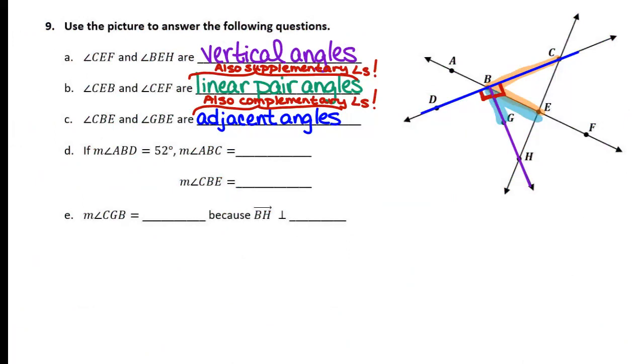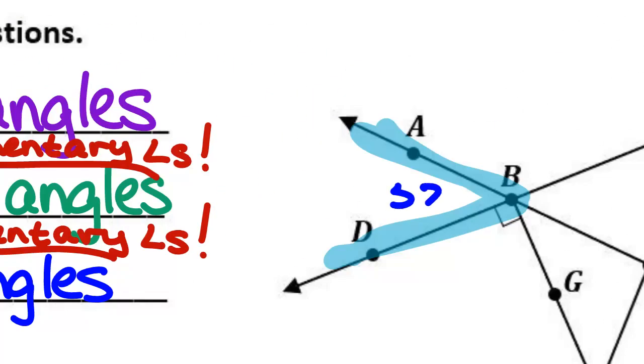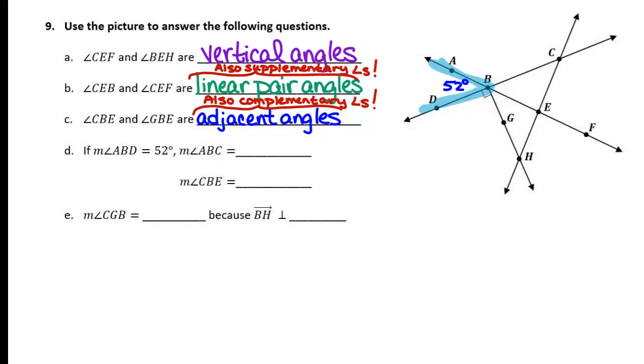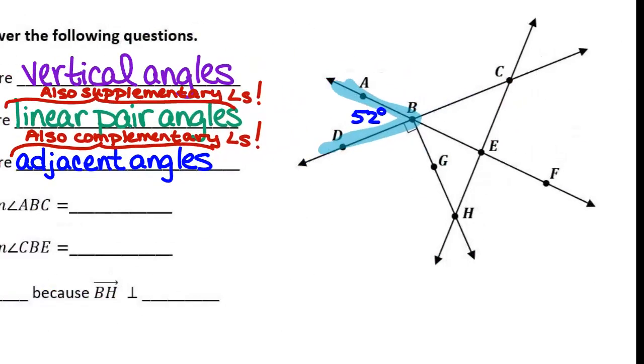If the measure of angle ABD, let me go find ABD on here. ABD, this angle right here. If that is 52 degrees, how big is angle ABC?